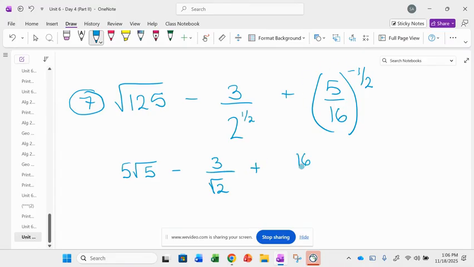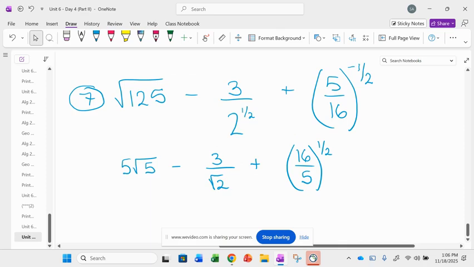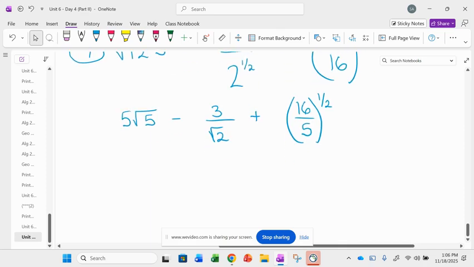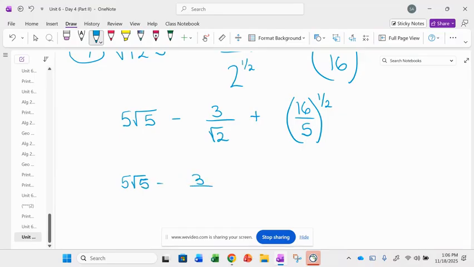So I'll have 16 over 5 raised to the 1/2 power. Are we okay? So far, so good? Okay. So now I have 5 root 5 minus 3 over root 2 plus the root of 16 over the root of 5. Still okay?